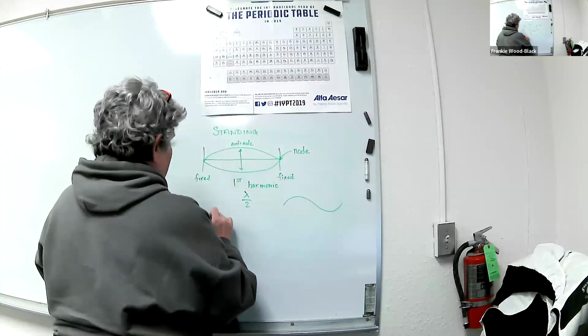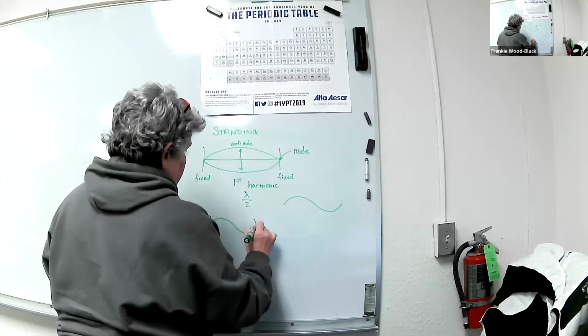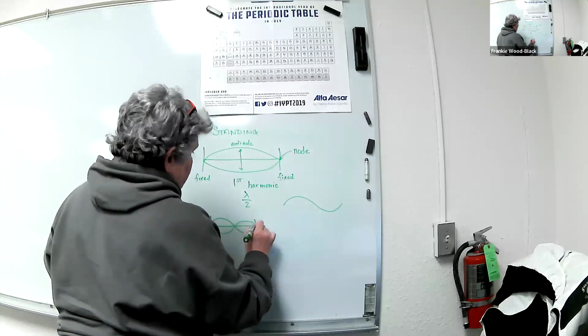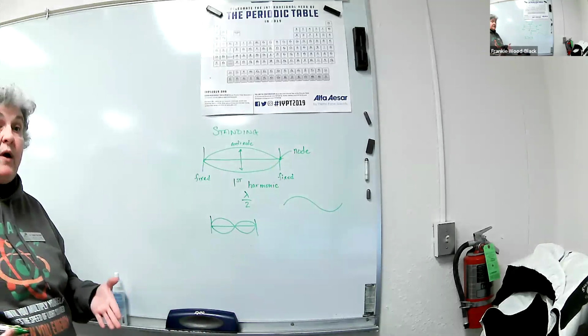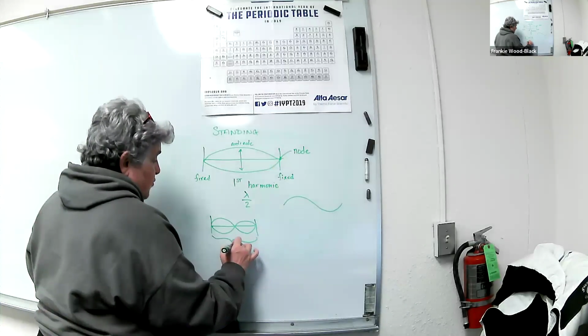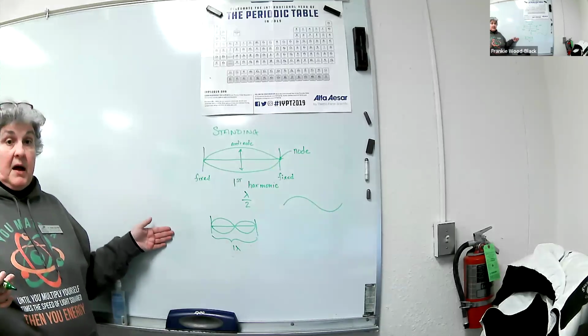My second harmonic is going to be my standing wave that now looks like this. And so now I have one complete wavelength. The distance from here to here is one complete wavelength, and that's going to be my second harmonic.